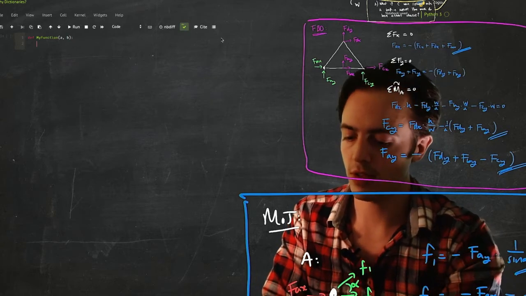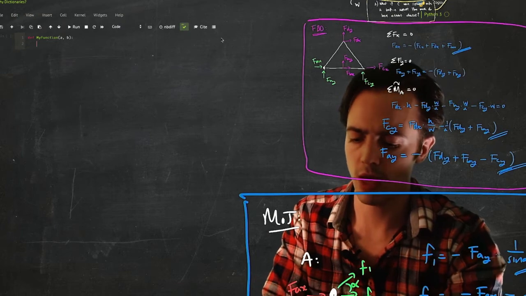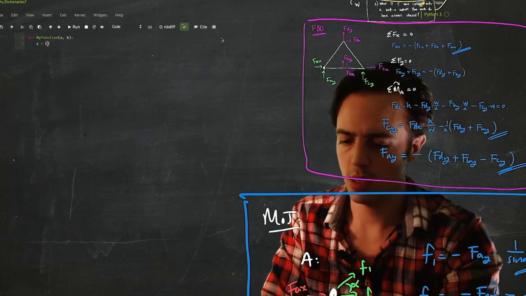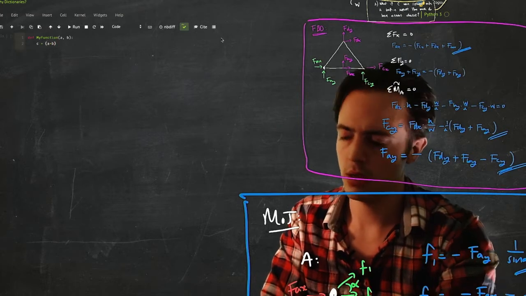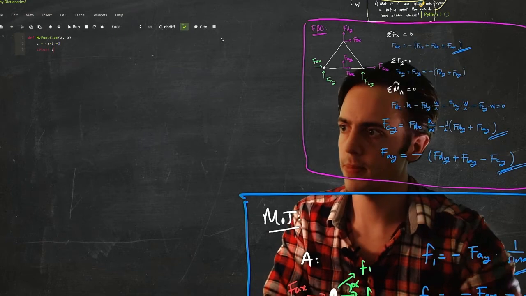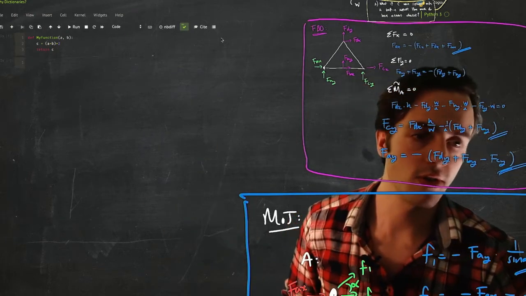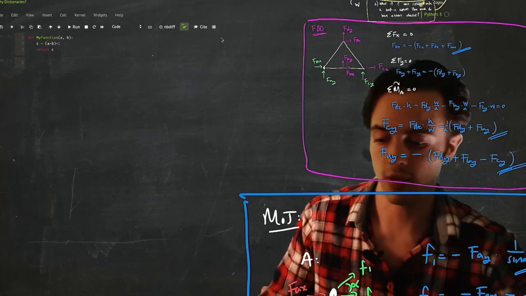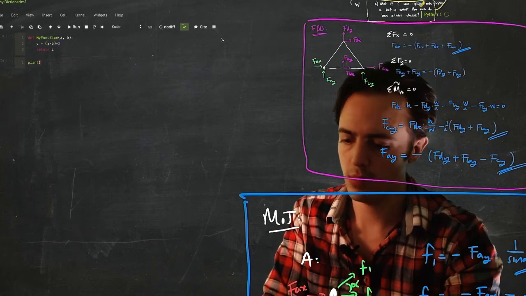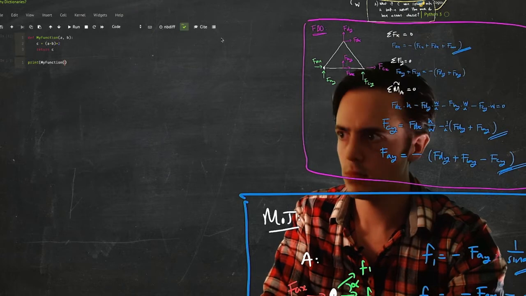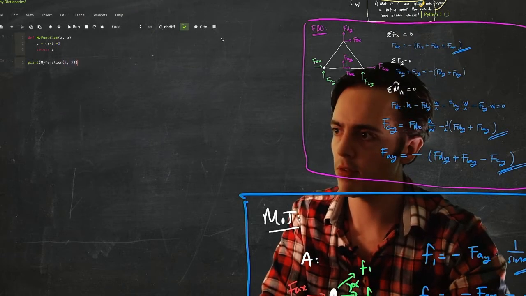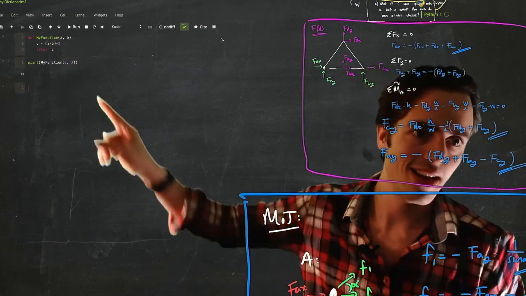In the middle, we'll say c is equal to a plus b multiplied by 2, return c. Okay, and now that I have the function, I can say print my function 2 and 3. So 2 and 3 added together gives 5, multiplied by 2 should be 10, and it gives me 10.